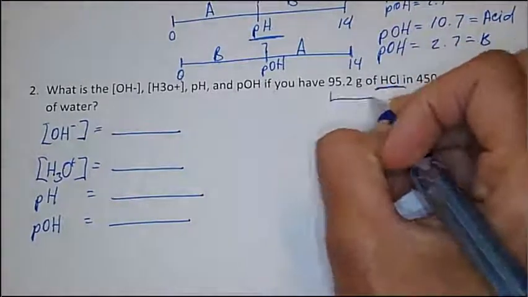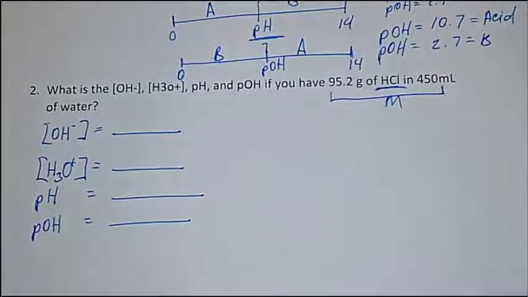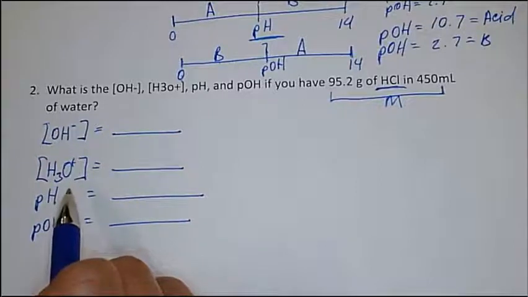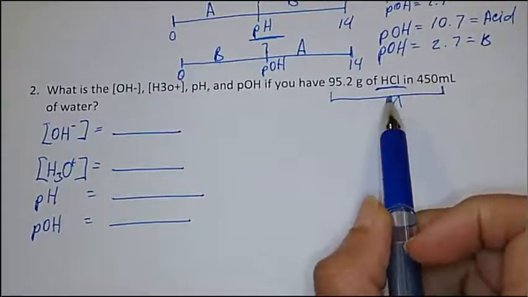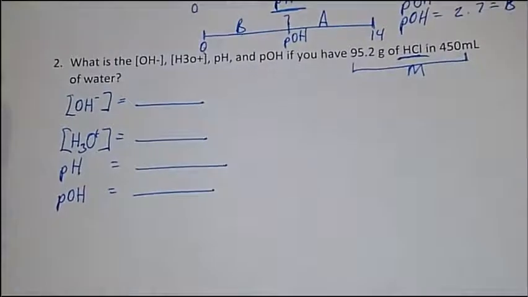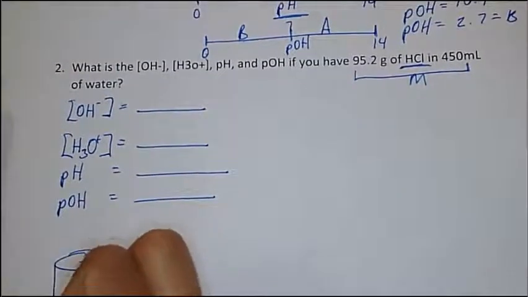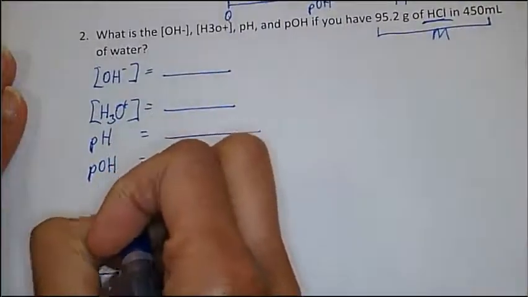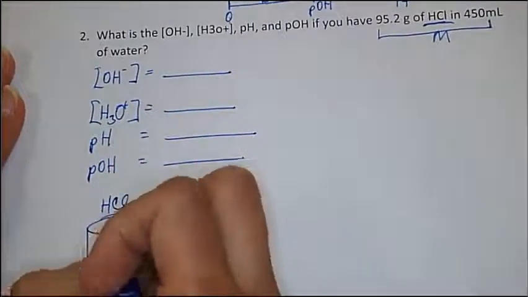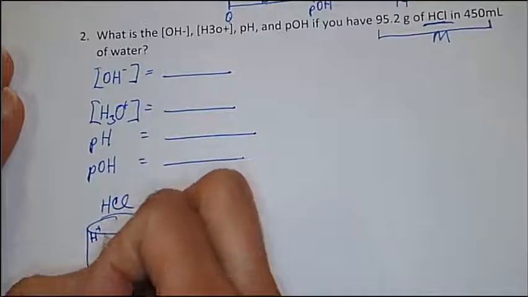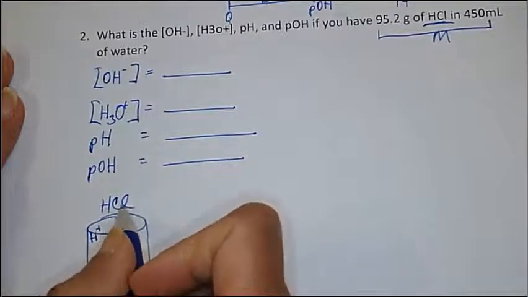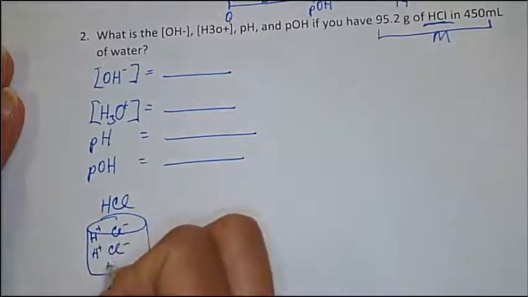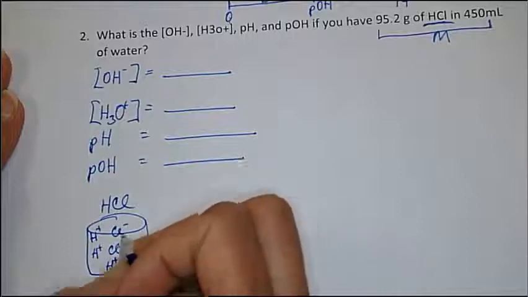Okay, I do need to find the molarity or the concentration in order to figure out the hydroxide and the hydronium ion concentration. But because I am given a strong acid, and now once again, if I have a beaker full of hydrochloric acid, once it is in water, solvation occurs, the hydrogen and the chlorine will split up from one another, and because they split up, they will dissociate completely.